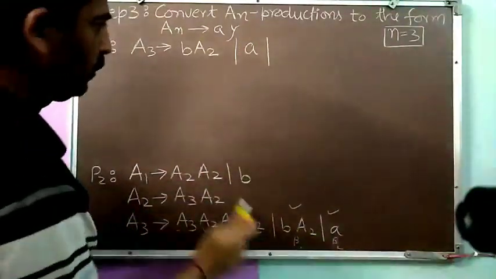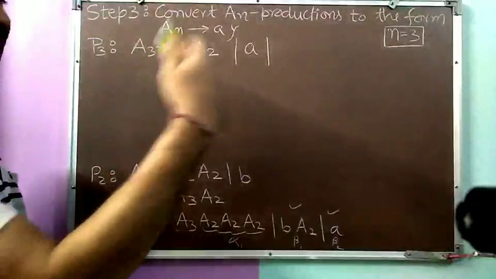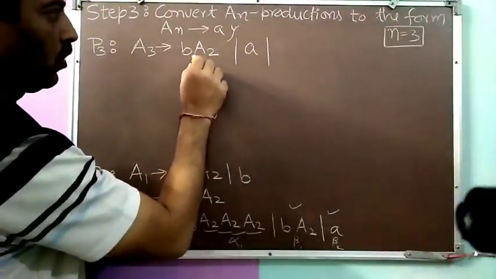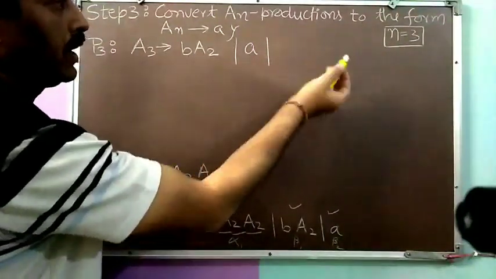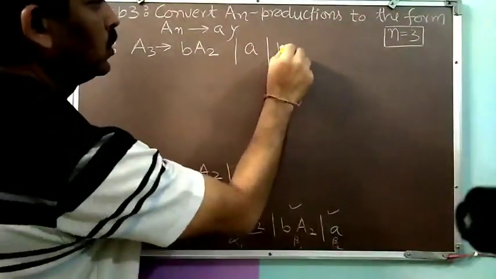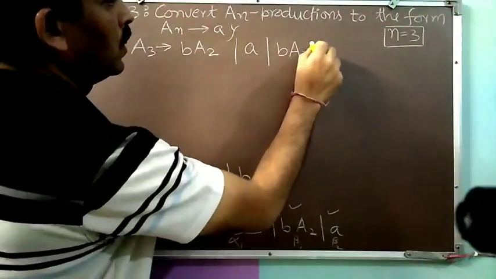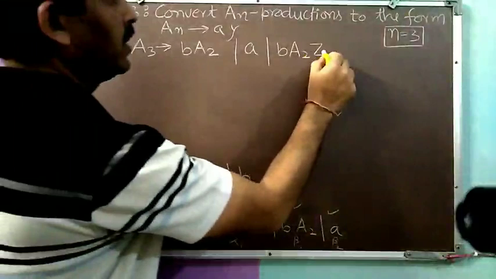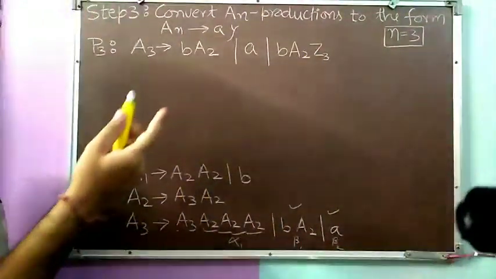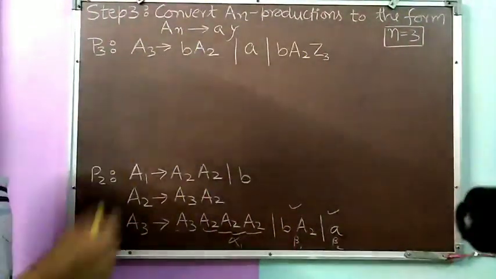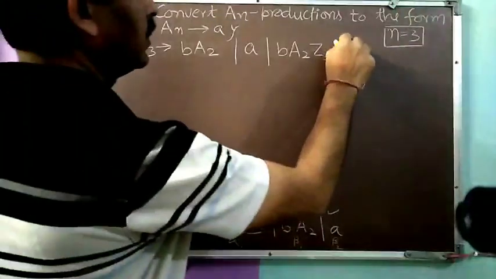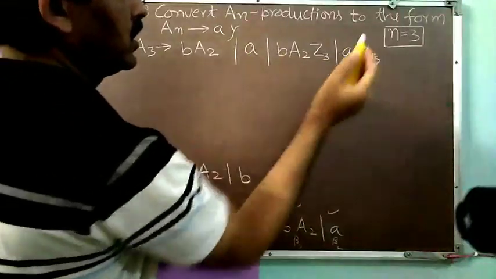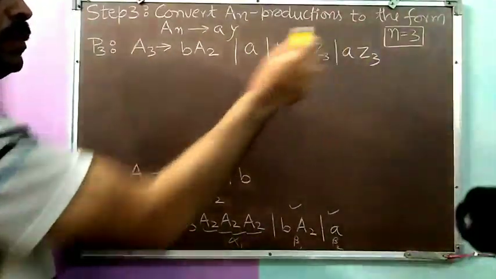And then A3 to beta i Z. This is beta 1 and this is beta 2, so now we have to include beta 1 Z and beta 2 Z. So we'll include B A2 Z. Because it is an A3 production, we'll write it as Z3 so that we may distinguish for which variable we have applied lemma 2. And then A Z3, because A is here, so A Z3 will be included. So these will be the A3 productions.